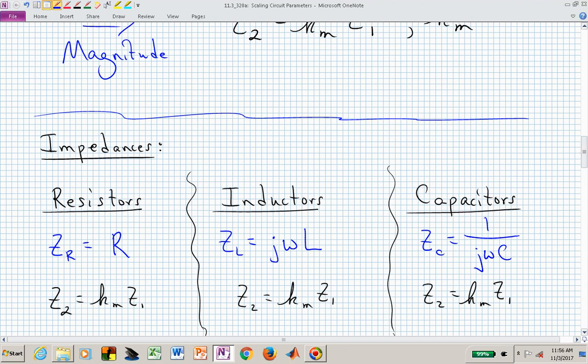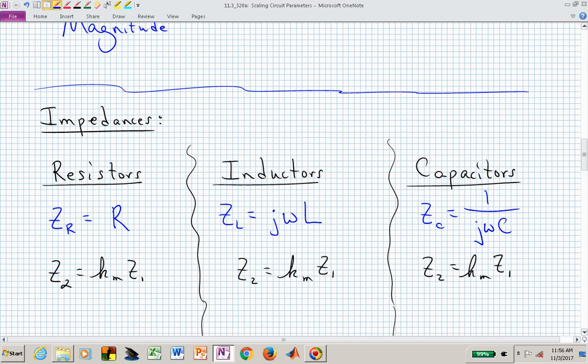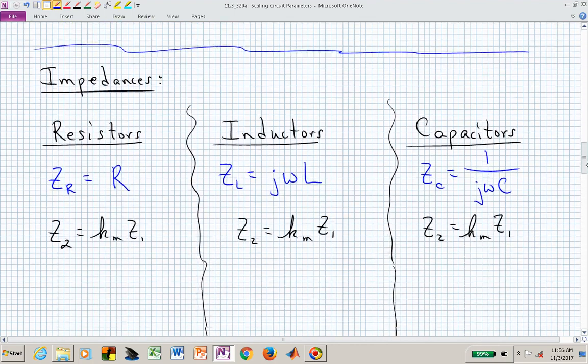We said that the new is equal to k sub m times the old, or Z sub 2 is now k sub m times Z sub 1. Let's see what this translates into relative to values of our parameters, where now we'll say R sub 1 is the old or the initial resistor value, and R sub 2 is the new or the final value.